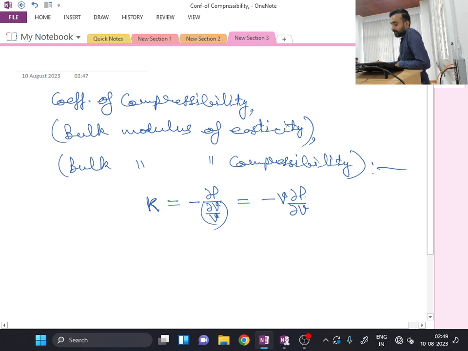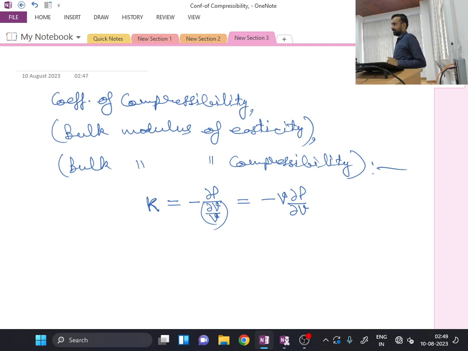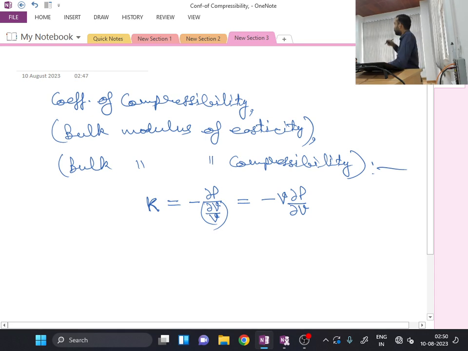In this coefficient of compressibility, I am only accounting for changes in volume when I am changing the pressure. So I have to maintain some other property as constant, because if I parallelly vary another property also, then its effect will also come into the picture, and I will not get a true reflection of whether the effect is contributed only by pressure or by another parameter.